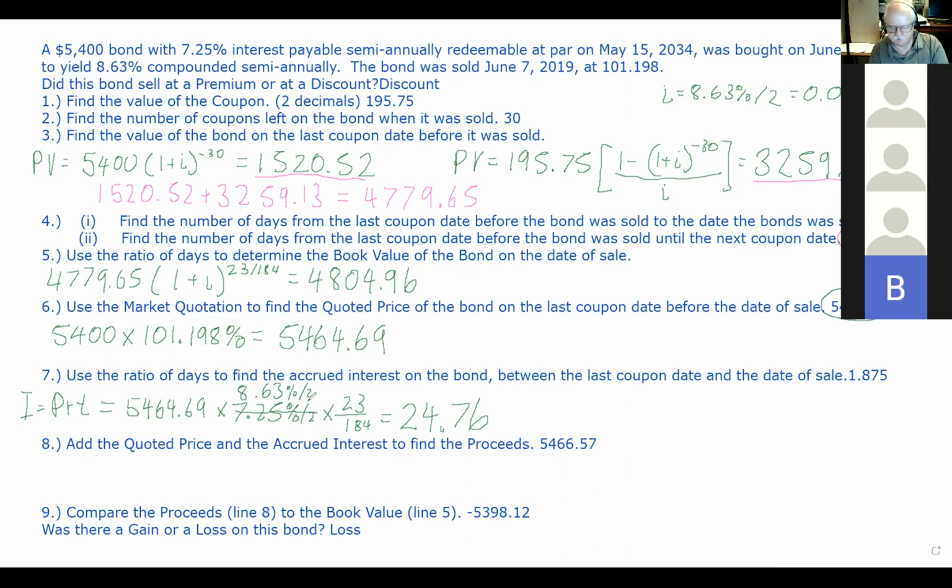Let's try that. But for some reason, I don't think that's correct. 8.63% divided by 2 times bracket 23 divided by 184 and a bracket equals that times 5464.69.